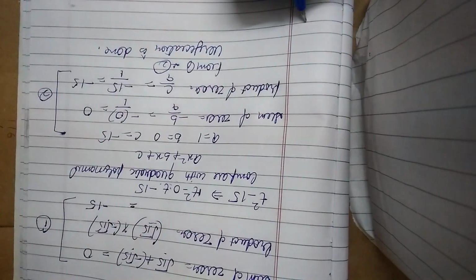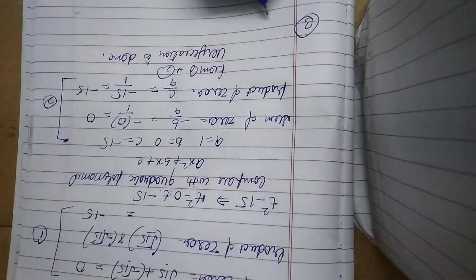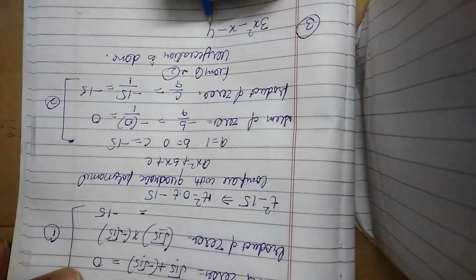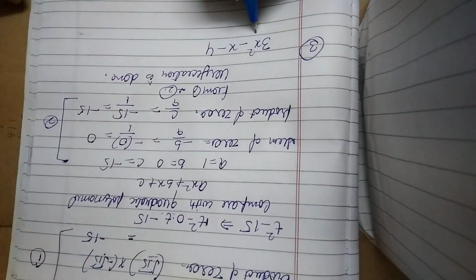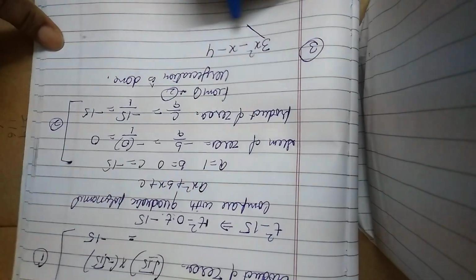Now question number 3. The third question is 3x square minus x minus 4. Now let us start. We make its factors by multiplying a and c.